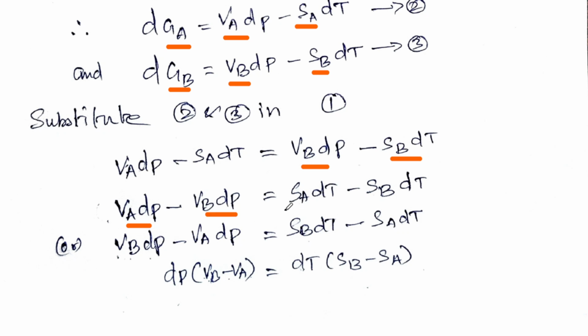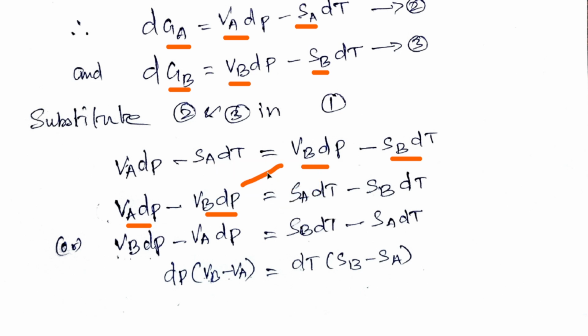Now I bring Vb dP to this side, and therefore it becomes minus. Both dP terms I am bringing to one side and the dT terms to the other side. So Va dP minus Vb dP, and similarly Sa dT goes to the other side and becomes positive: Sa dT minus Sb dT.